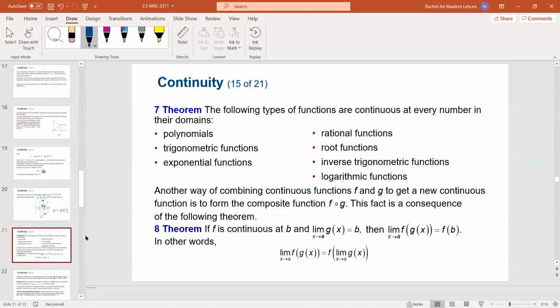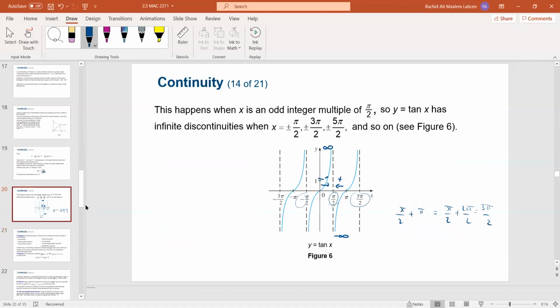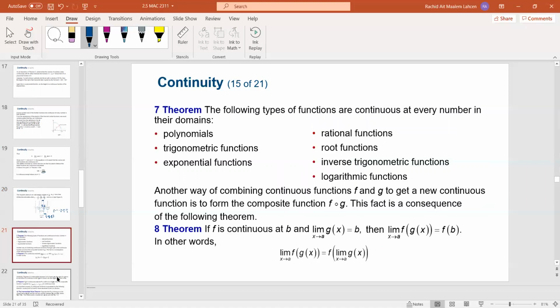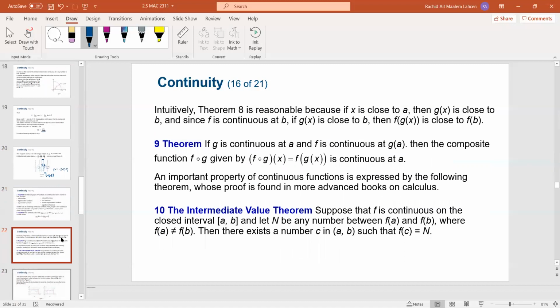All right. So for this graph, for example, in this open interval, that function is continuous, so that's what it means.